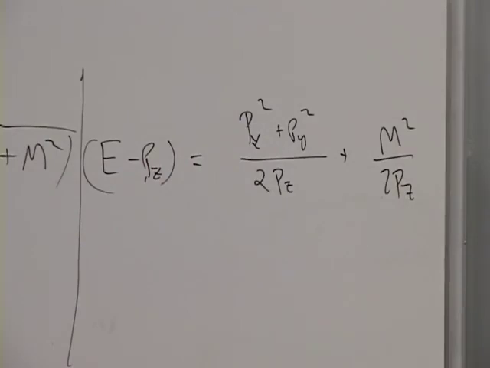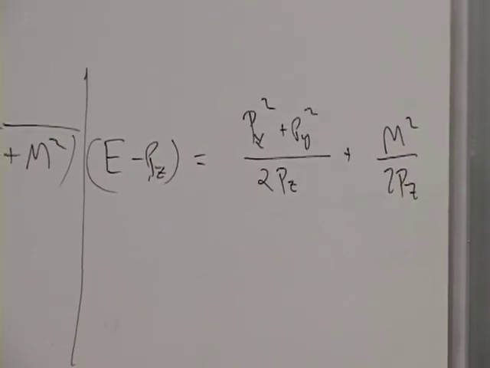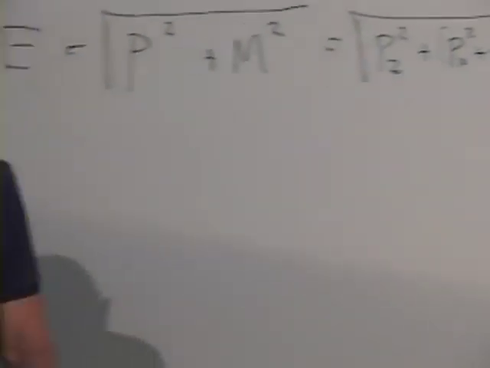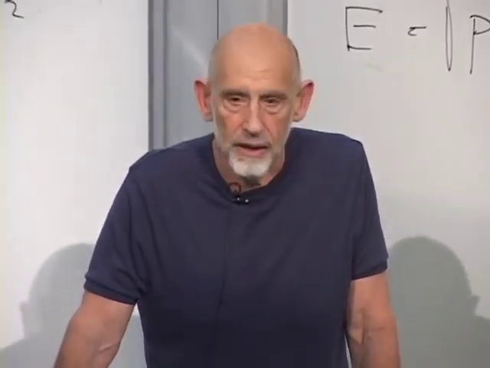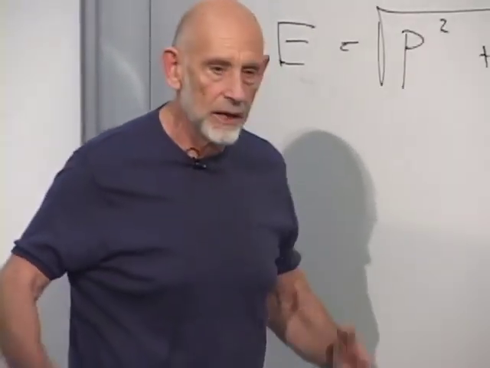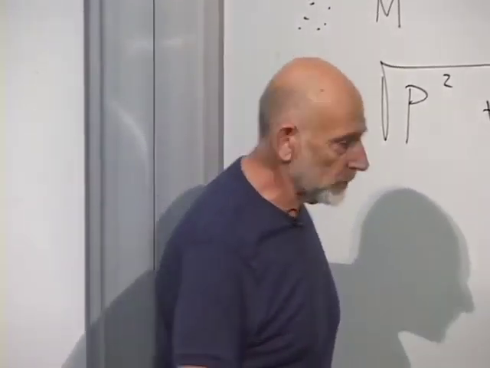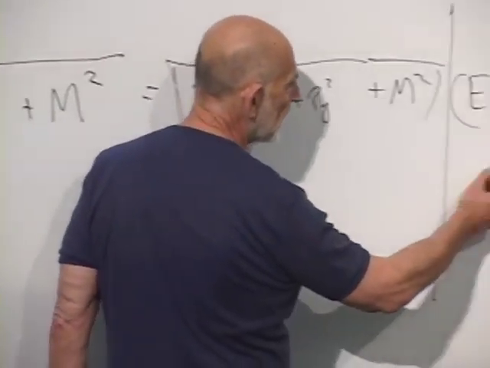to anything. Now what about the PZ in the denominator? Why is that there? Keep in mind that energy is related to time. That energy is Hamiltonian, and Hamiltonian in quantum mechanics has to do with the rate at which the wave function changes.